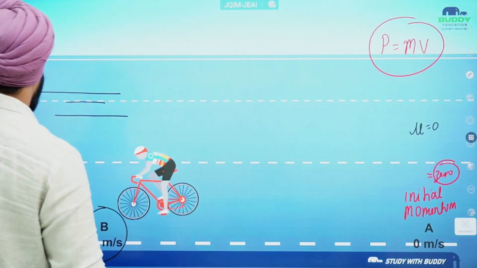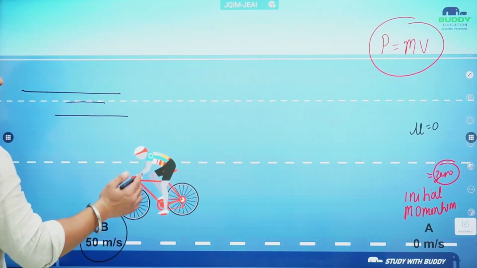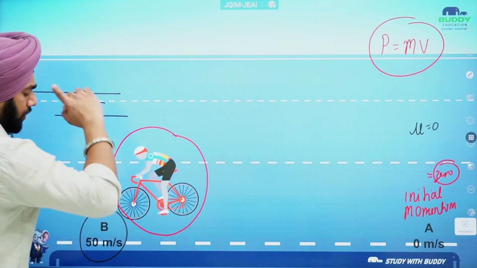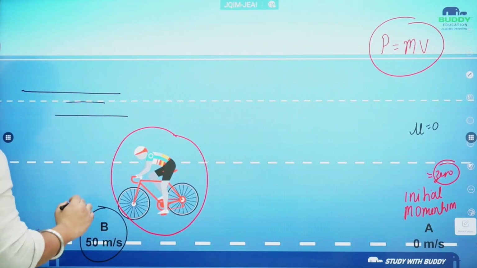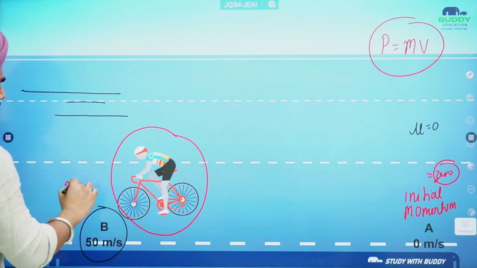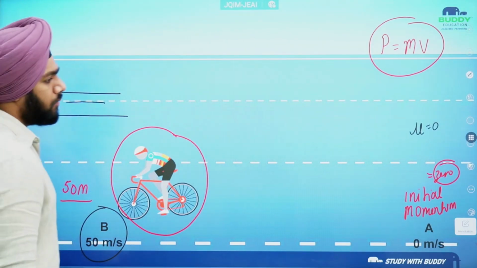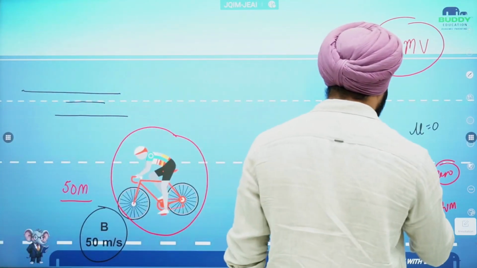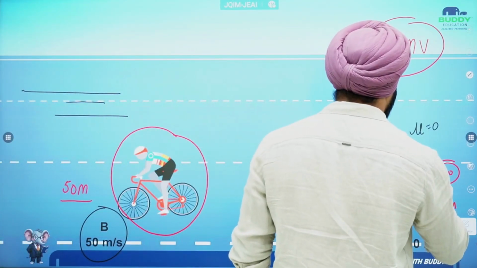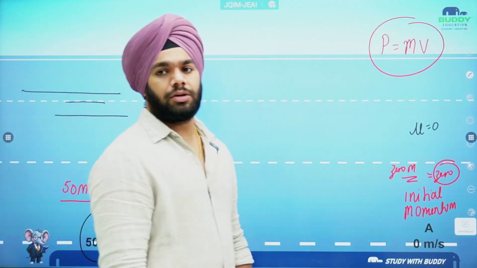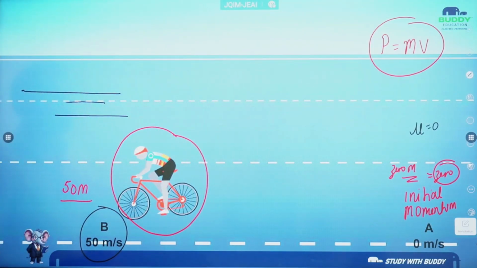And if we talk about the final momentum, let's take the mass of the object to be m. So it is 50 m, and here it was 0 m. Why 0 m? Because the velocity of the cyclist is 0.